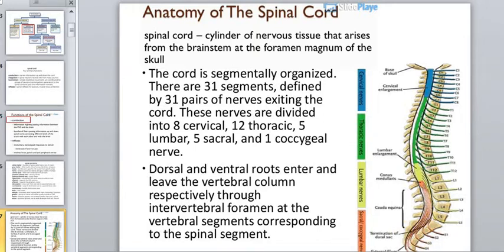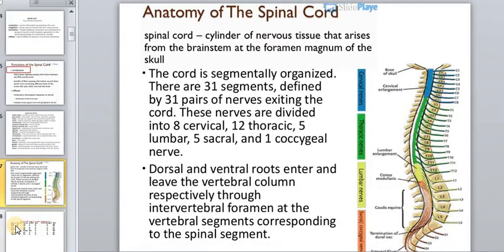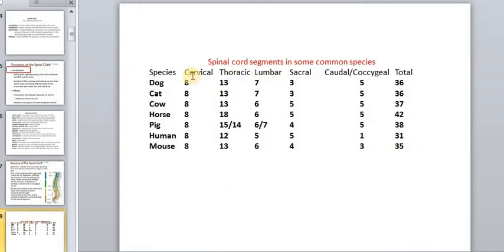And each part is represented by segments. We already talked about this when we studied nerve fibers. In animals, I give you this information about spinal cord segments in some common species, and the total count of vertebrae and spinal segments for each animal.